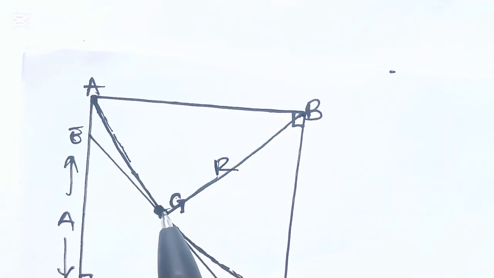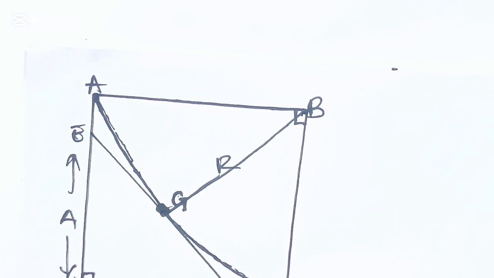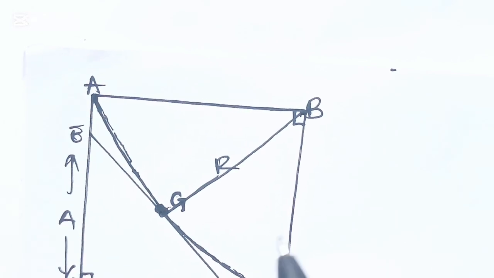I'm choosing this point because it's a very important point on this diagram. I could have chosen other radii, but there's a reason why I chose this point, and you're going to see that later.